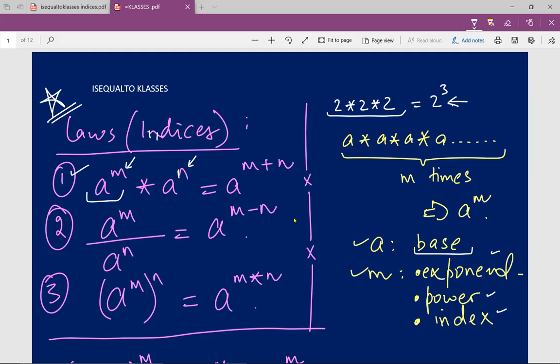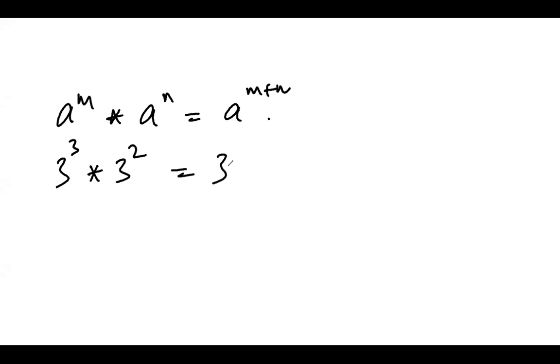Let us try to understand what this is saying. The law says a raised to power m into a raised to power n is equal to a raised to power m plus n. So let this be 3 raised to power 3 into 3 raised to power 2. The law says that this should be equal to 3 raised to power 3 plus 2. Let us see if it is right or not.